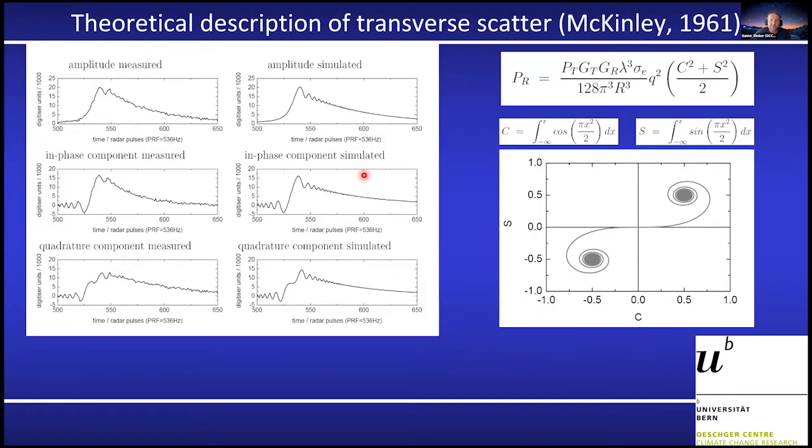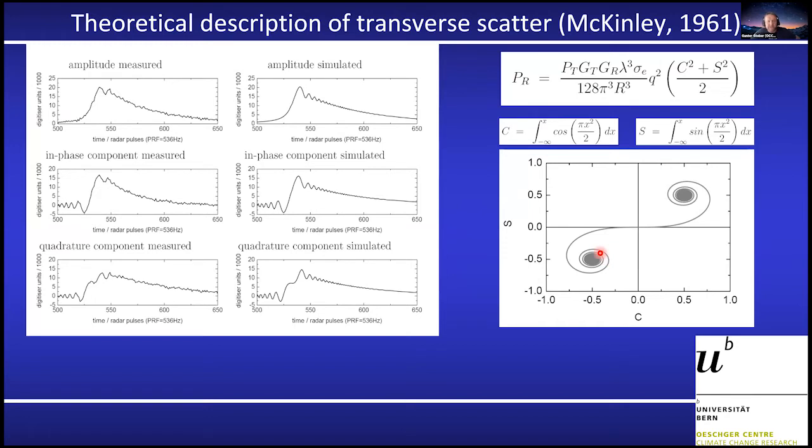When you look into all textbooks, you see an equation like the one in the upper right corner, where the backscattered power is a function of your transmitter, your antenna setup, the wavelength, the classical electron radar cross-section, the so-called electron line density, the range, and the so-called Fresnel integrals, which form this nice Cornu spiral shown here.